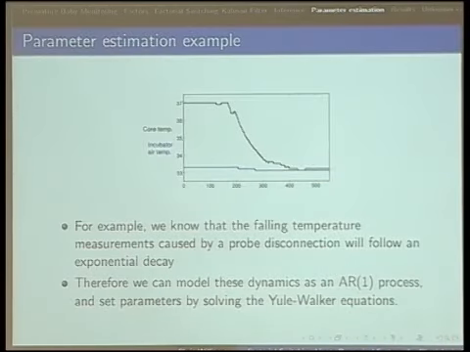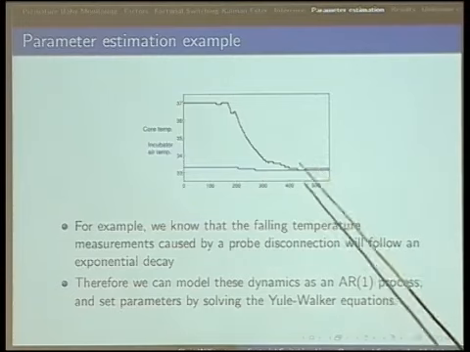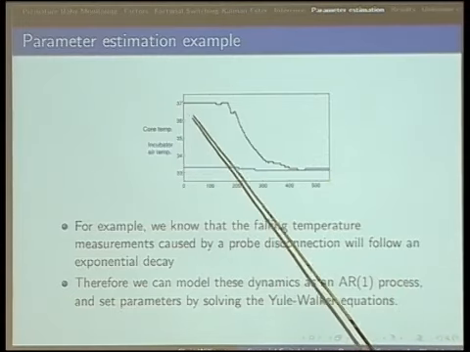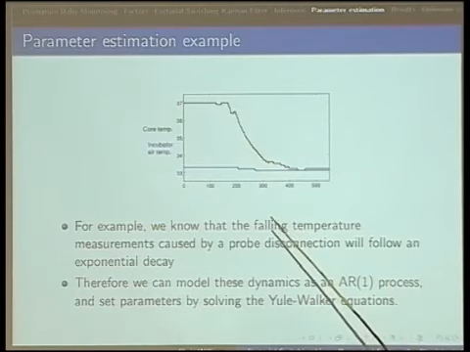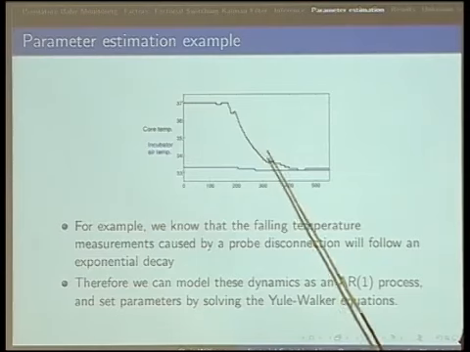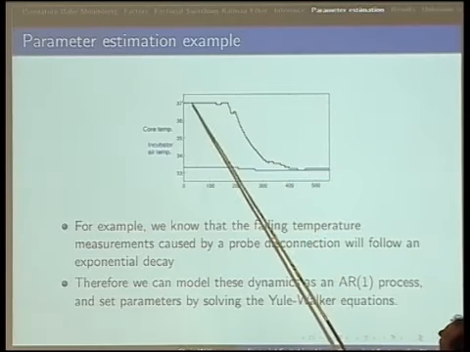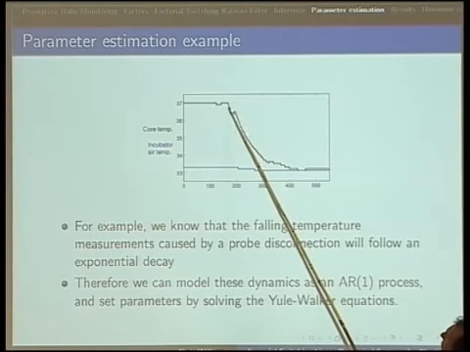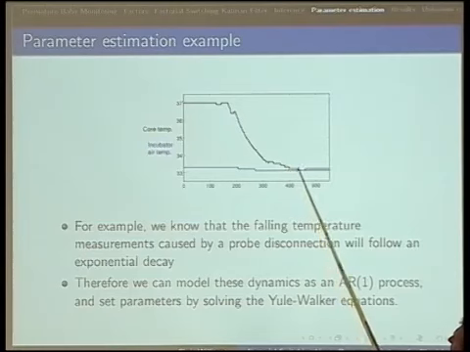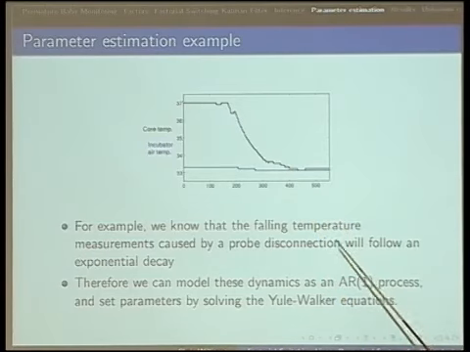Another, fairly simple example is with temperature. Say this is the monitoring of the temperature, this is at 37, which I think is the correct temperature for a human. What could happen is that if this probe fell off, we'd expect this to decay back to the incubator temperature, which is like this.